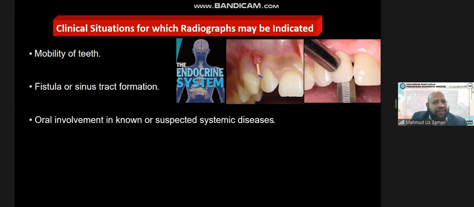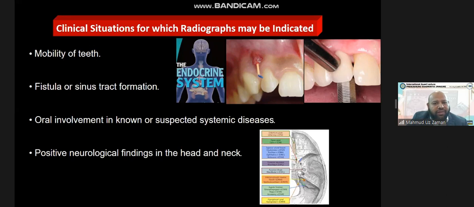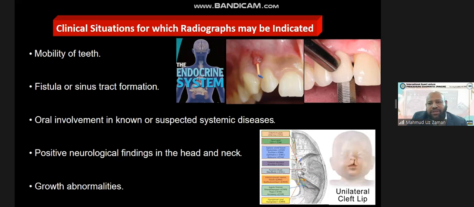Sometimes patient may hide the information, so you need to take it out from the patient or patient attendant. Positive neurological findings in the head and neck, so depending on the history of the patient, and sometimes there are growth abnormalities, cleft lip and palate. You may go for occlusal view or panoramic radiograph, then for 3D view, CT or CBCT.